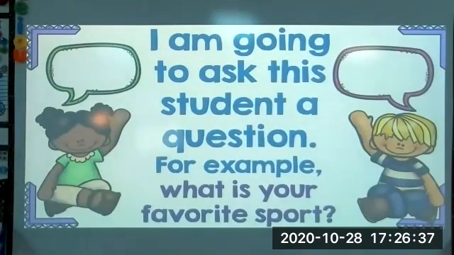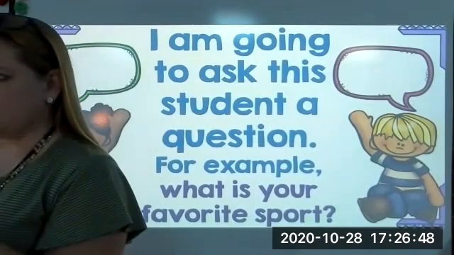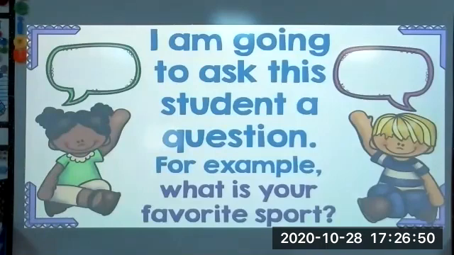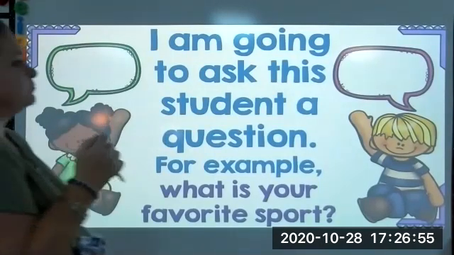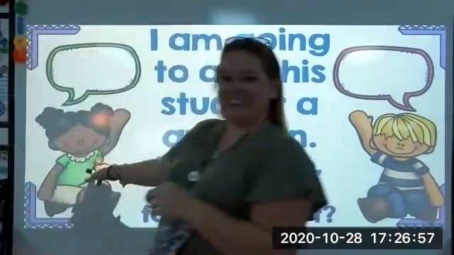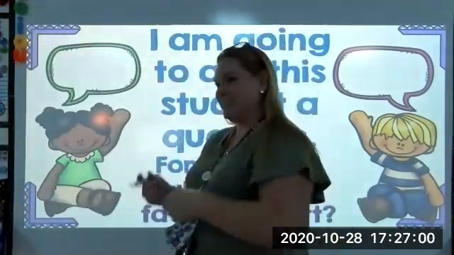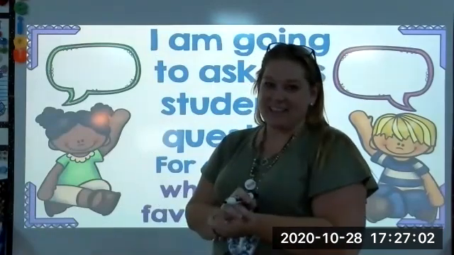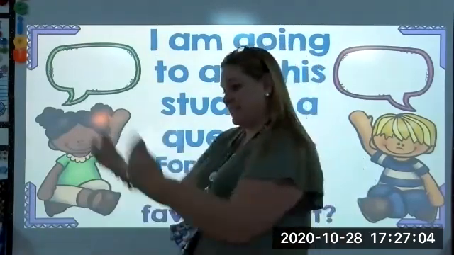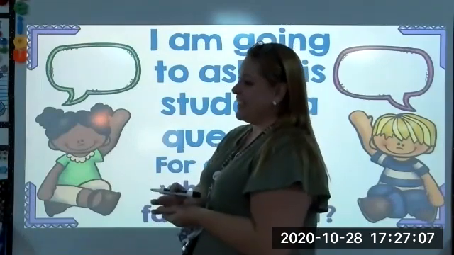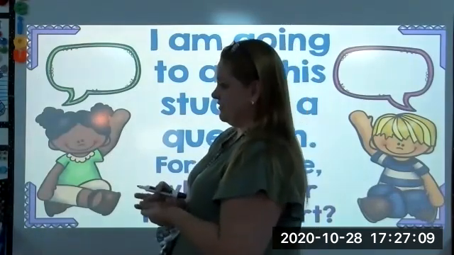All right, so we are going to practice marking written dialogue with quotation marks now. I'm going to ask a question, for example, what is your favorite sport? And you're going to tell me. Hold on one second, I'm going to get Caitlin to help me. Look, it even looks like her. Come on, hurry. So I'm going to ask Caitlin the question. Caitlin, what is your favorite sport? Basketball.